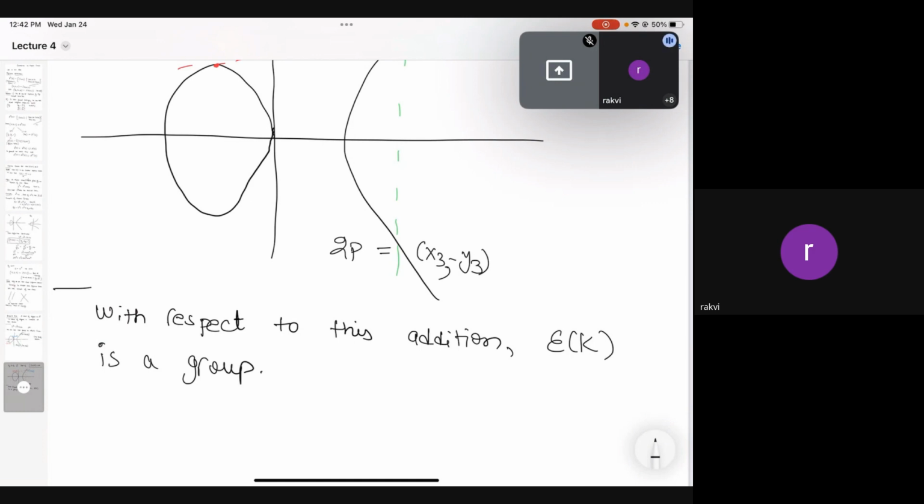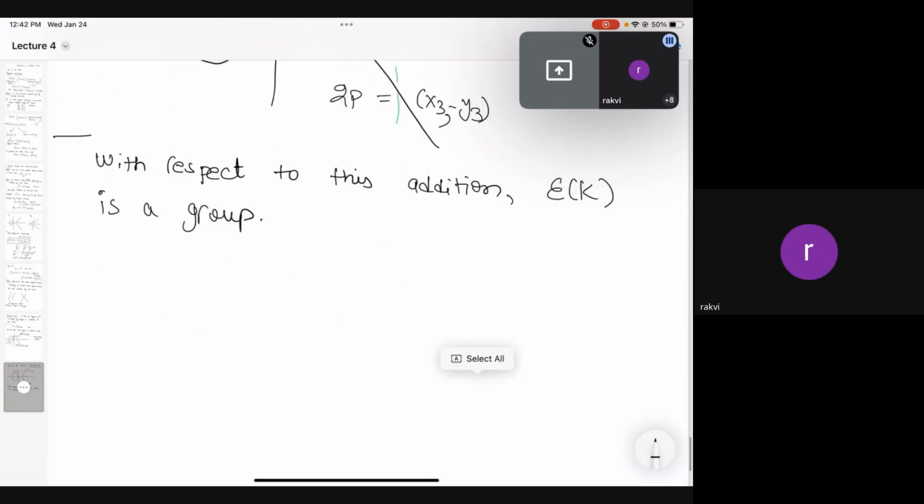And let's just recall groups here, because I think we discussed this in lecture 2, which was 2 weeks ago. So what is a group? A group is a set along with a binary operation. So in this case, my set is the set of k points of E. And by binary operation, I mean a rule of combining two elements such that the element that I get as an output is again a member of my set, right?